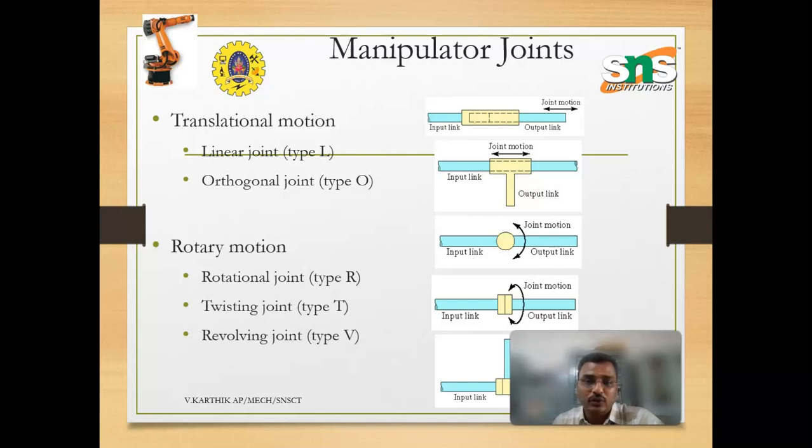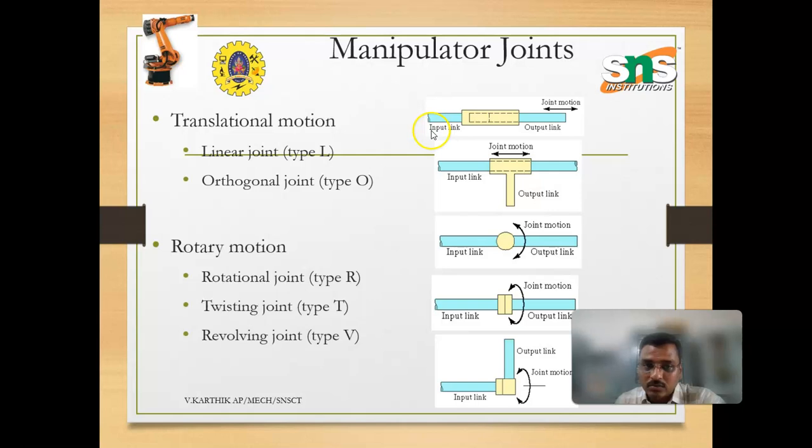We have these types of joints available: linear joint, orthogonal joint, rotational joint, twisting joint, and revolving joint. The linear joint is the to-and-fro motion in manufacturing places, and the joint motion is like input link and output link. Orthogonal, right? With the rotational joint, we can rotate as per the axis where the work is to be done.